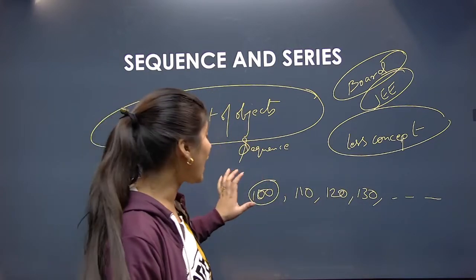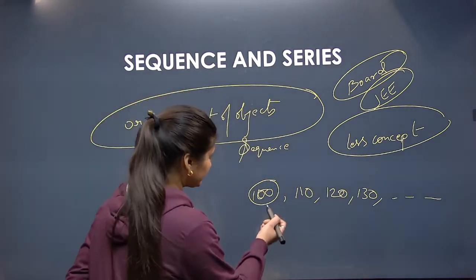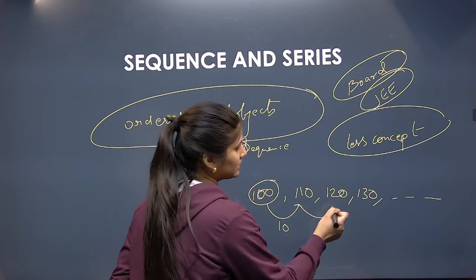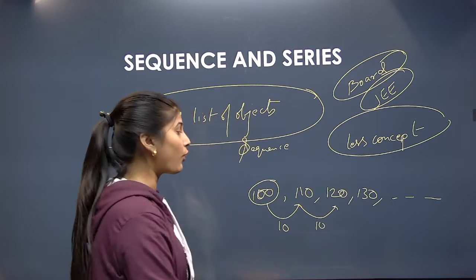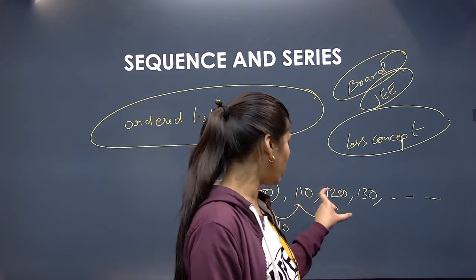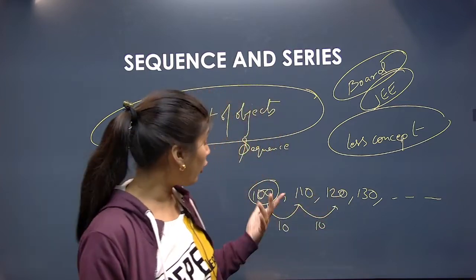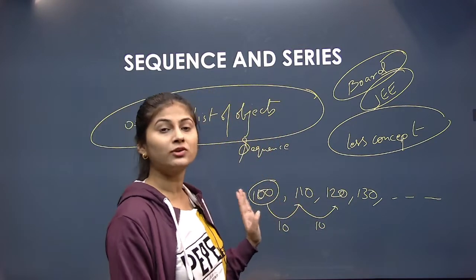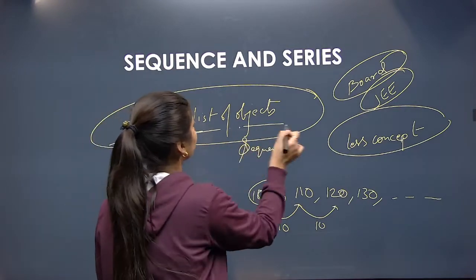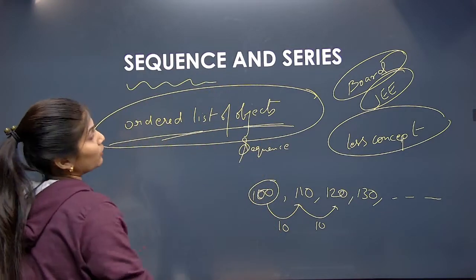So they are ordered. Every next number is 10 more than the previous number, isn't it? So it is following a pattern. You cannot replace the second term with the third or the first with the second. So that is why it is an ordered list of objects, which is called a sequence.